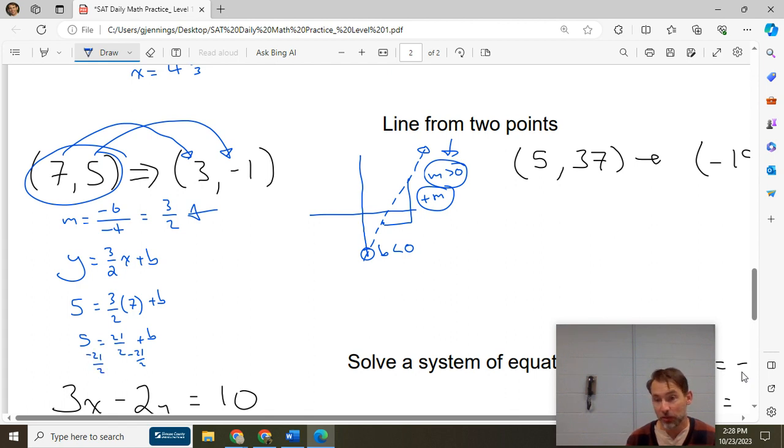And 5 minus 21 over 2 is -11 over 2. So b is equal to -11 over 2, or -5.5. So my equation is y is equal to 3 over 2 x minus 11 over 2. Circle it, that's my answer. Okay, cool, let's keep going.